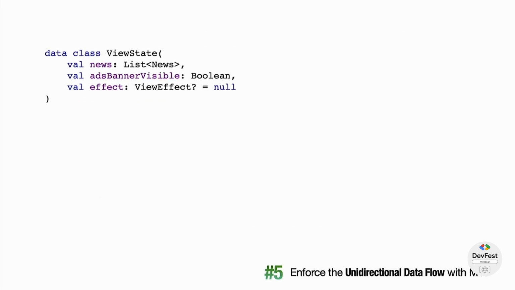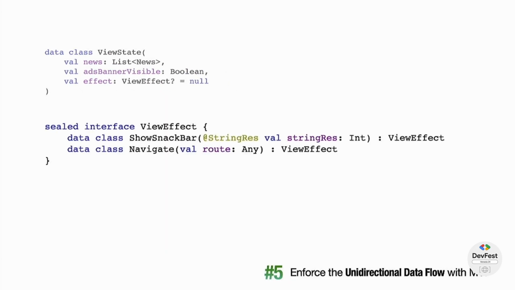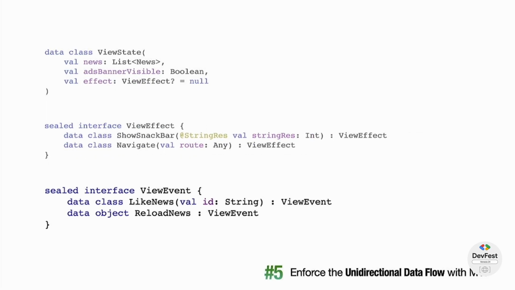So here is how we can represent a view state. A normal data class, you put there all your information. Then the effects, as I said, we can use a sealed interface. We can create the effects using a data class, or a data object if we don't need any parameter. And lastly, the view events.